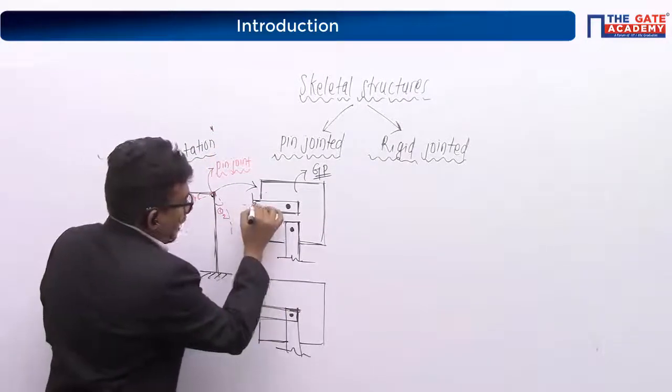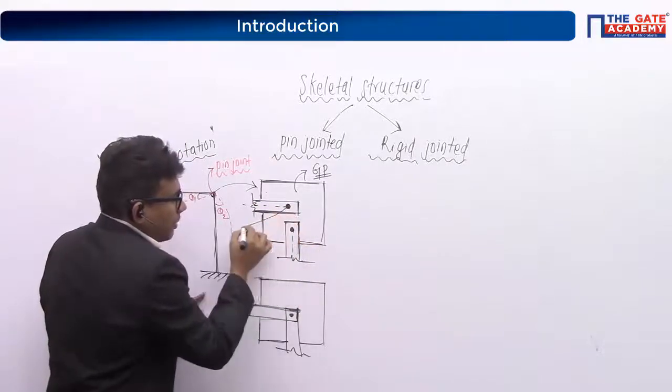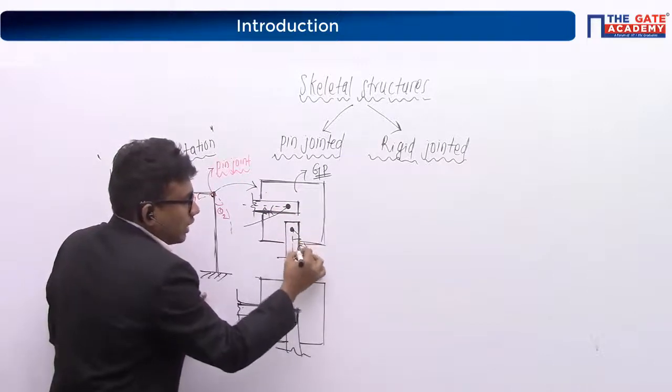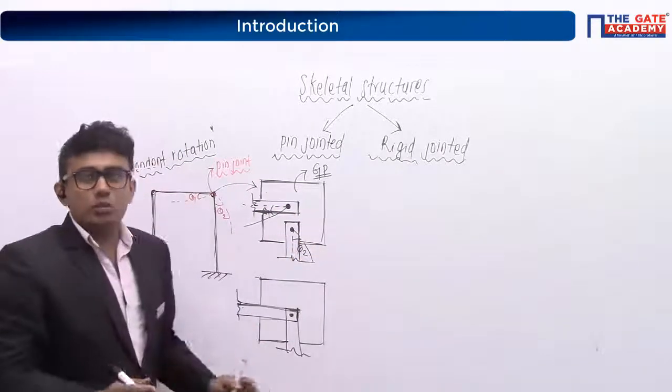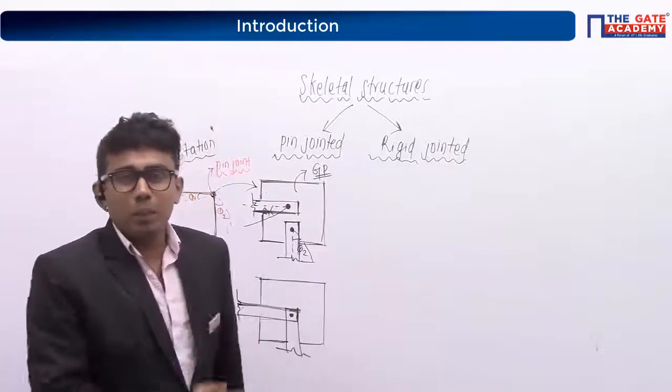If I have a beam and a column, the beam is going to rotate with an angle theta 1 and the column with an angle theta 2. The rotations of these two members will be different, independent at our pin connection.